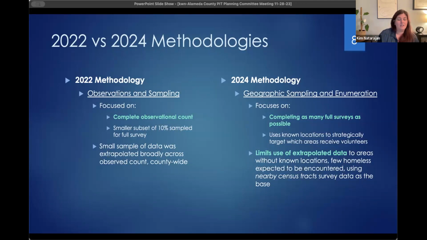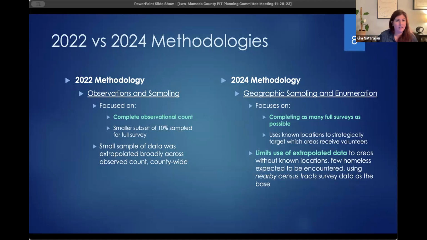And it limits the use of extrapolated data to areas where we don't expect to find people who are experiencing homelessness, so that as few of those areas as possible are getting the estimates applied to them.